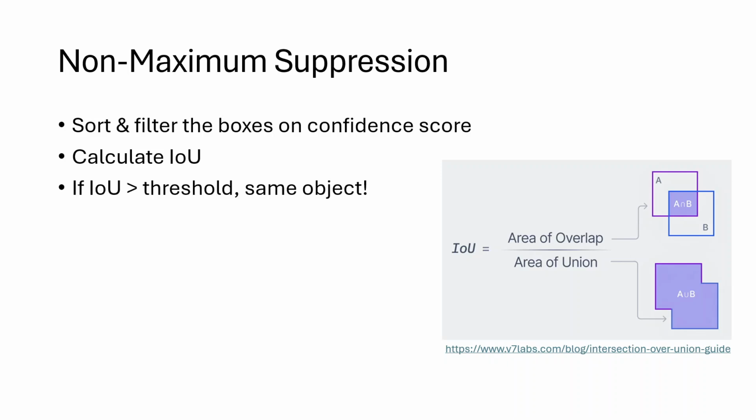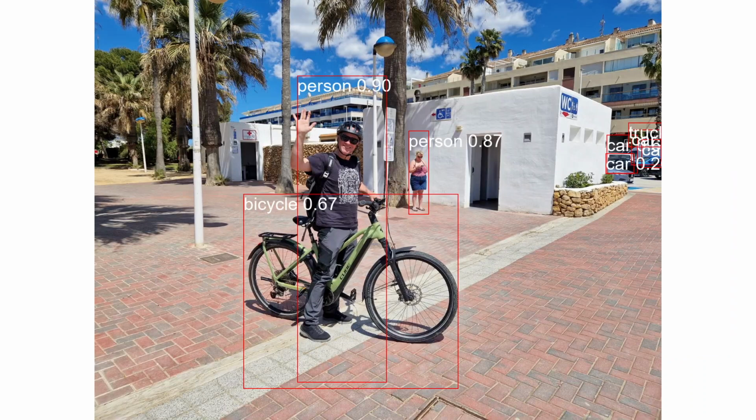If the ratio is big enough, then it thinks, well, it's probably the same object, right? That makes sense. And it repeats this process for higher scoring boxes, so it tries to minimize the number of boxes, because, as you saw in the previous picture, you get a lot of double scores. If it applies this mechanism, then you see that it ends up with these predictions, which are quite nice, I think.